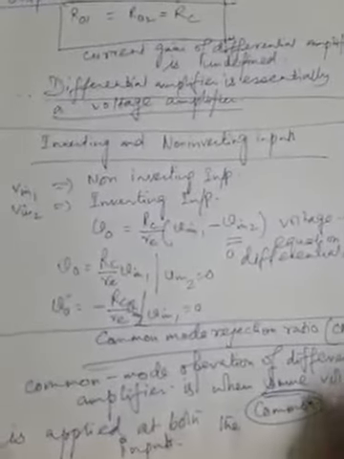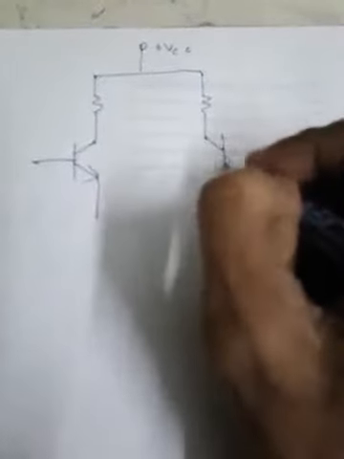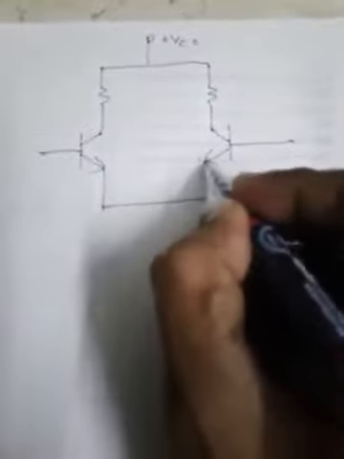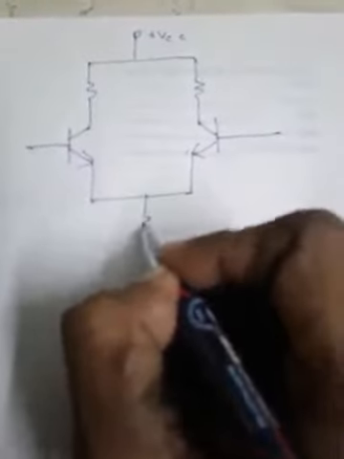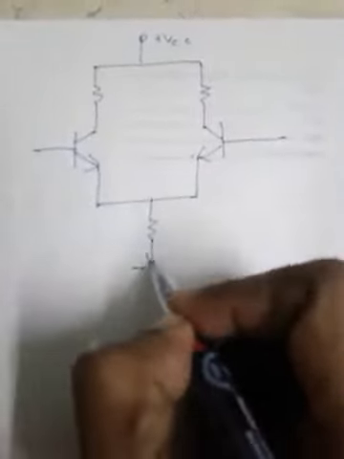If we want to draw the circuit for a differential amplifier in common mode configuration, it should look like this. This is VCC. The two collector resistances RC are connected to the two transistors, Q1 and Q2. The emitters are coupled with a resistance RE to minus VE.